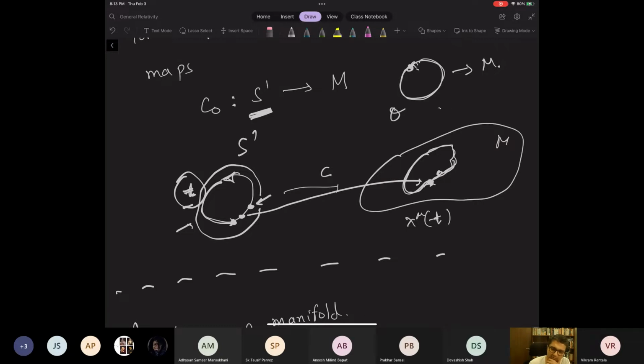To represent the S1 by real numbers t, as we saw in the last class, if I try to represent it by a number between 0 and 2 pi, I either have to remove 0 or remove 2 pi. Otherwise it's not going to be continuous.